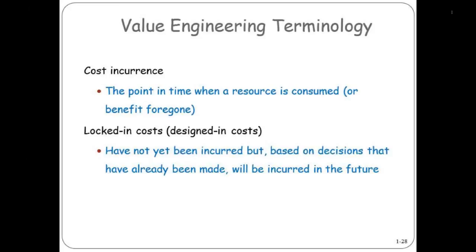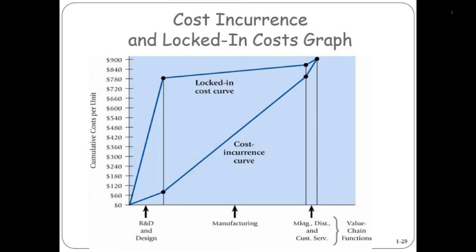You know what? I'm going to pass on cost incurrence and locked-in costs, okay? So it won't be on the exam for those of you who care. It just more or less says that a lot of costs, particularly, let's say, in a company like a pharmaceutical, at the point of R&D, you define the process that you need to go forward.